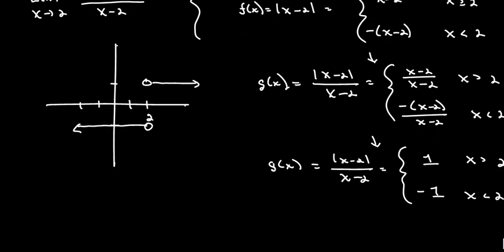Now we have a situation where we have a limit. We've got to come in from both sides. As I come in from the right side, here's what I'm going to write down.